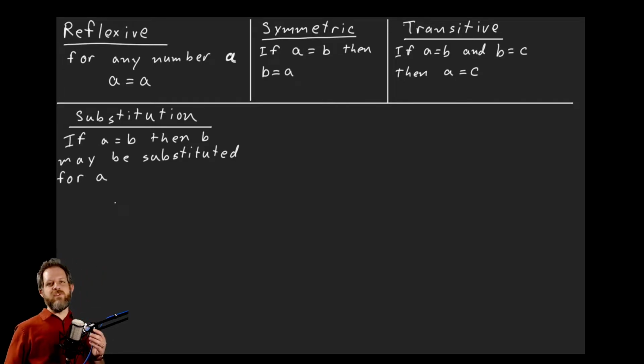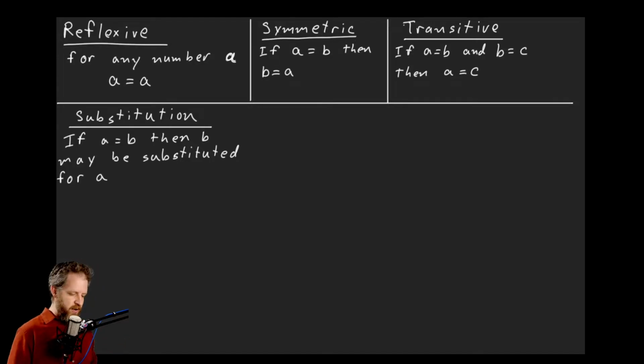Substitution property has to do with substitution. Surprise, surprise. Now, one interesting use of this, and we're going to see this in some examples, but I'm going to let the cat out of the bag now: if we're supposed to list the property, and the step looks like 5 plus 3, and then the next line is 8, we're actually using the substitution property here, because we're substituting 8 in for 5 plus 3, because 5 plus 3, in fact, equals 8.